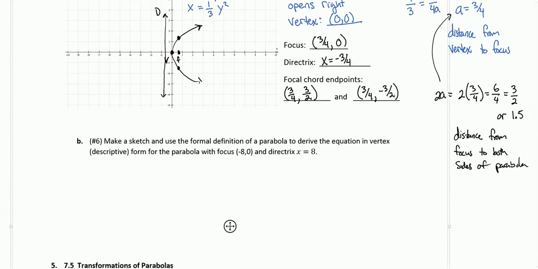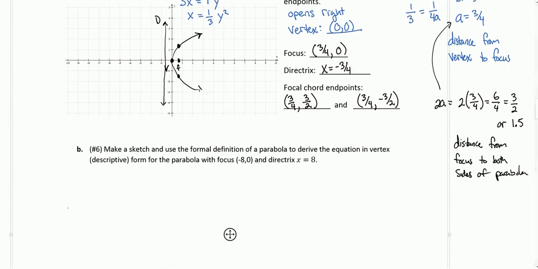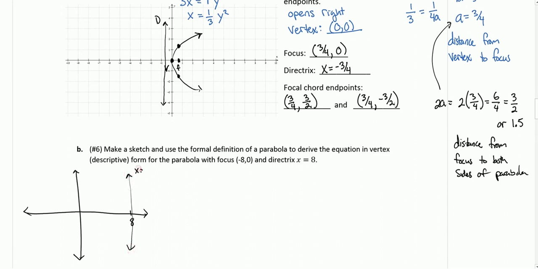So I'm going to sketch what's given first. x equals 8 is a vertical line going through 8 here. And the focus is at (-8, 0). So our vertex is at (0, 0).